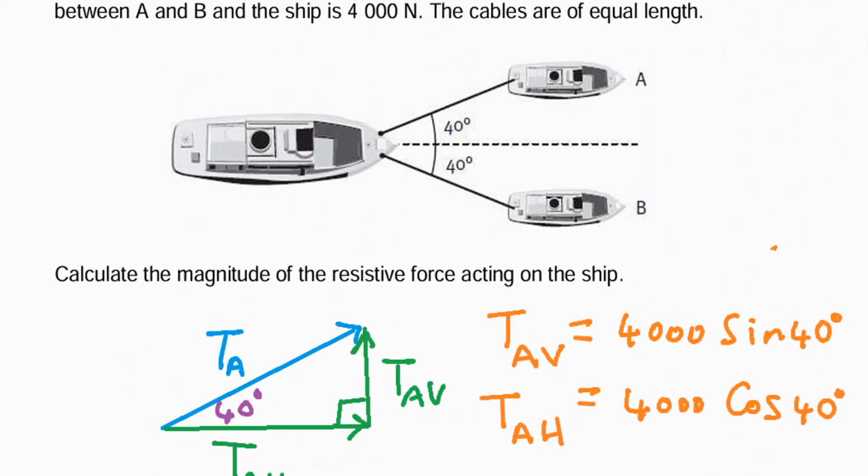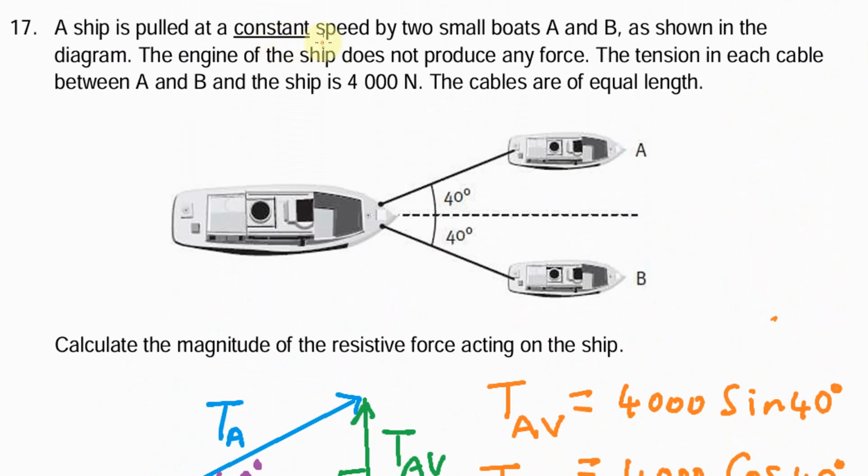Now, what's important to note is that the ship is moving at a constant speed, and that tells us that it's in equilibrium. So that means that in the horizontal plane, the forces are balanced. So to the right here, we will have the net horizontal component, FH net.